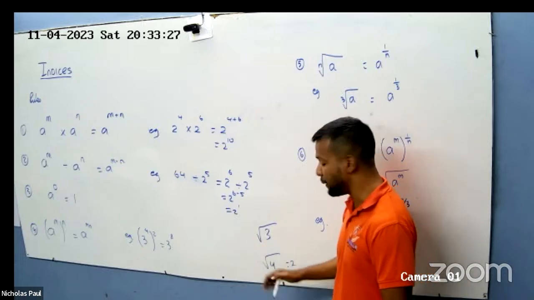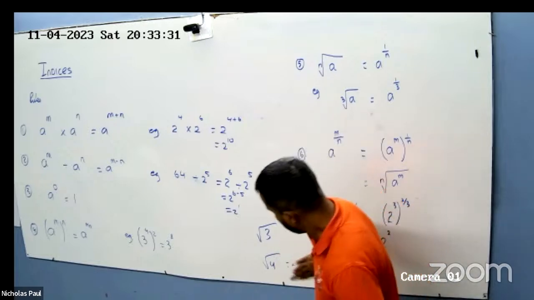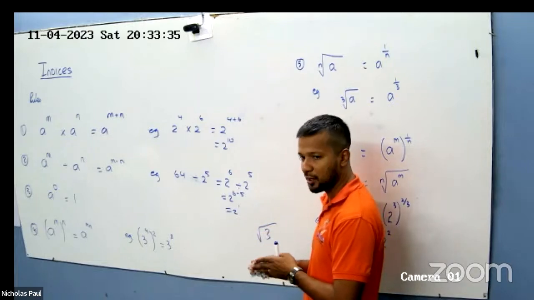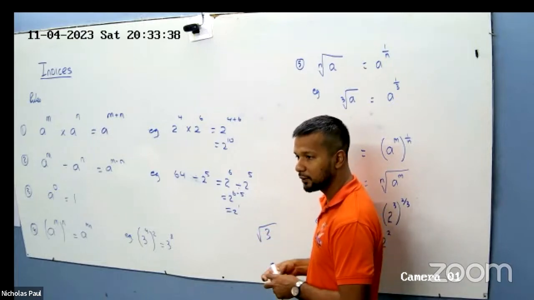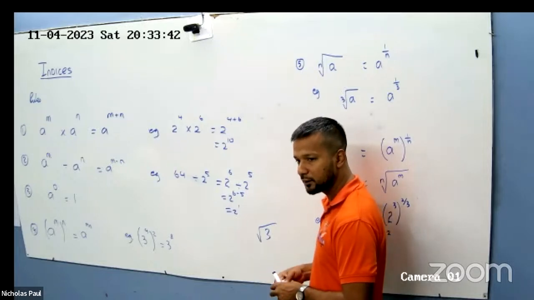And surds belong to which set of values? Real, irrational, rational? Whole numbers, integers, irrational?